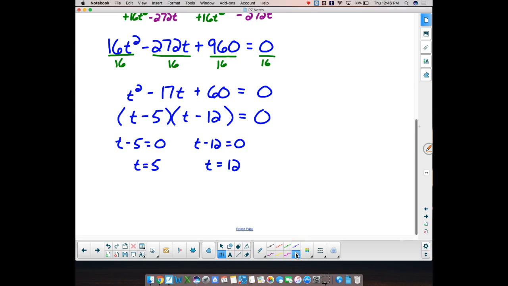Okay. So our object is at 960 feet on the upside at t equals 5 seconds, and on the downward at t equals 12 seconds.